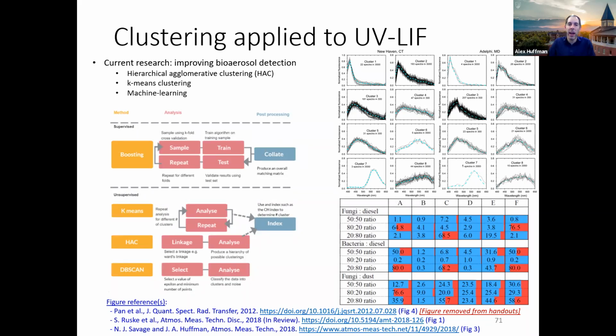We now may have tens or hundreds of thousands of particles, each of which have their own fluorescence and size properties. We can dump that into certain analysis techniques, and then it clusters them into categories that we can then make inferences on. And so there are various techniques, and there are various research groups that really put energy into refining these techniques. So if you get into this kind of analysis, again, look into the literature and see what is available there.